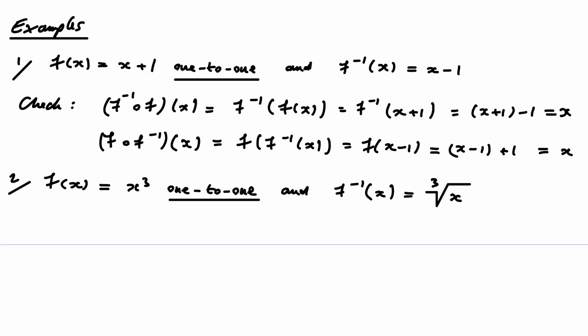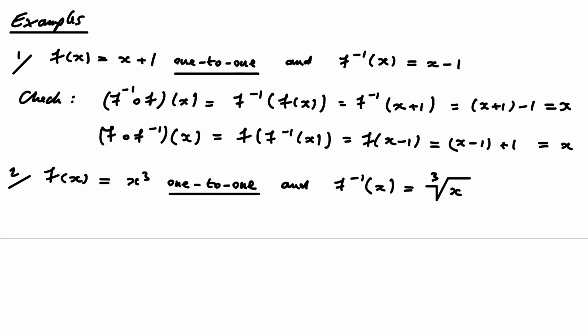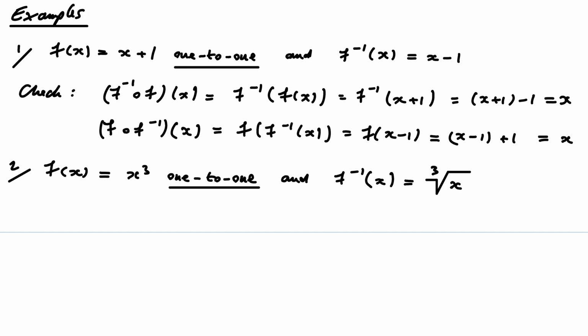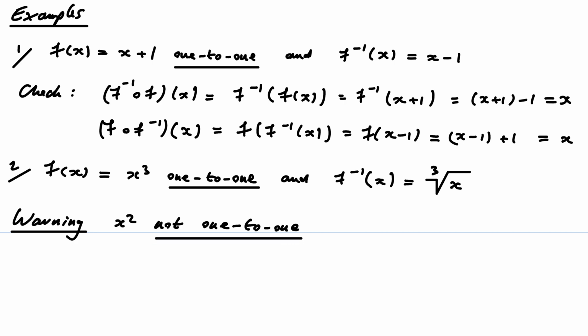Now, as a warning, x squared can cause terrible problems. We know x squared is not 1 to 1. X squared isn't 1 to 1, so it can't have an inverse function. For exactly the reasons I talked about, where would 1 go to?